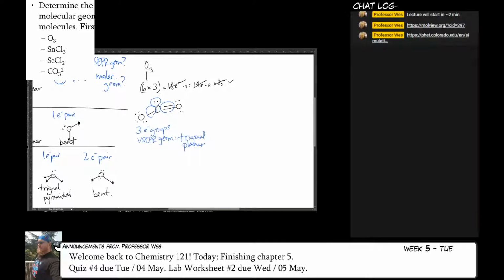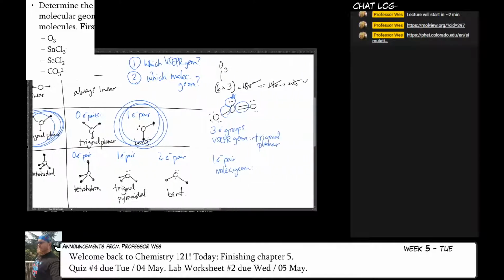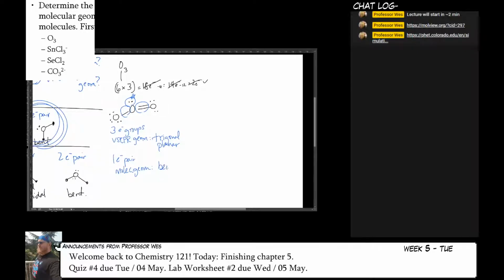Now, of those 3 groups, 1 is an electron pair. So the molecular geometry would be bent. So my structure should look like a bent line. And it kind of does, so that's good. All right, so there's ozone.